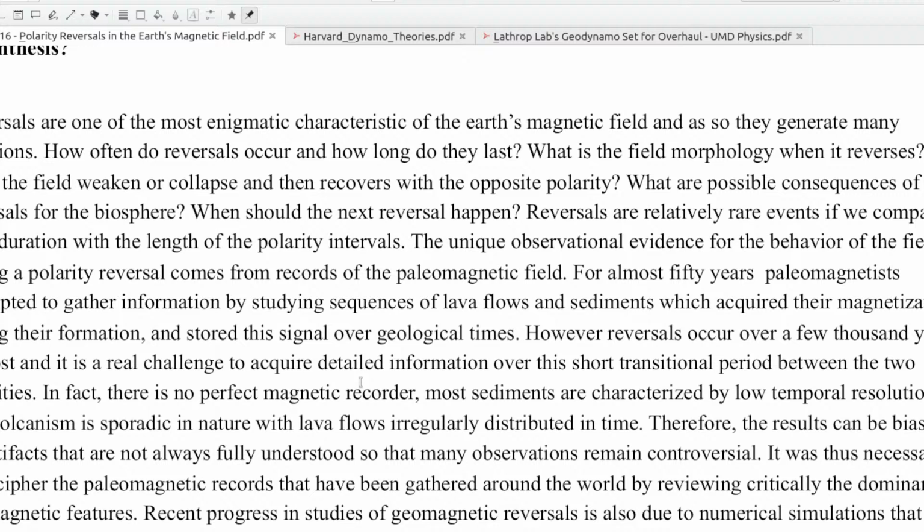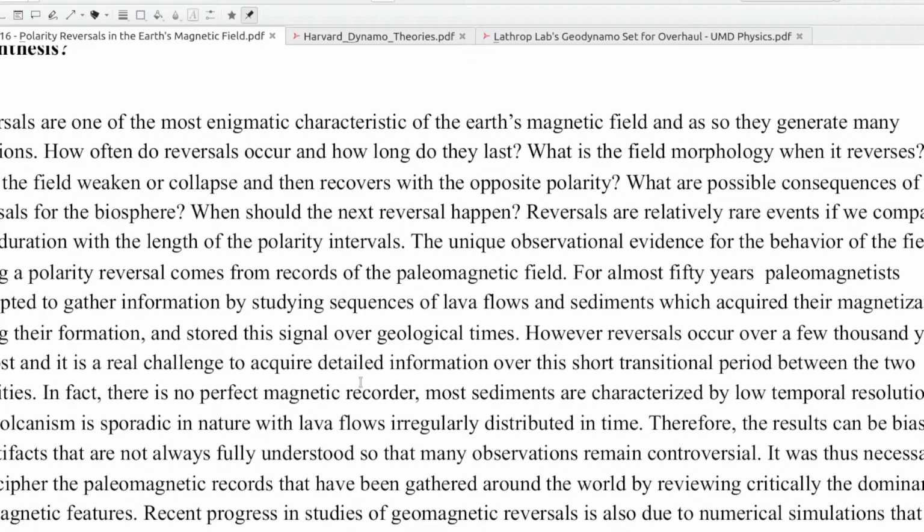Reversals are relatively rare events if we compare their duration with the length of the polarity intervals. The unique observational evidence for the behavior of the field during a polarity reversal comes from records of the paleomagnetic field. For almost 50 years, paleomagnetists have attempted to gather information by studying sequences of lava flows and sediments which acquired their magnetization during their formation and stored this signal over geological times.